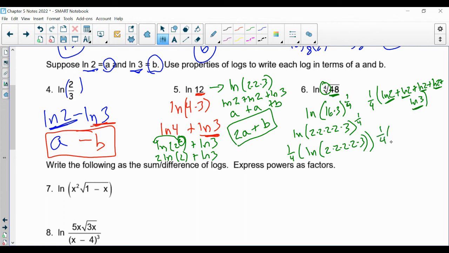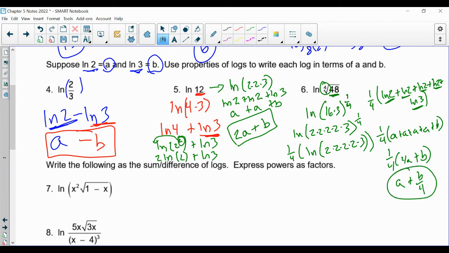So I got 1/4 times a plus a plus a plus a plus b, 4 a's plus b. And let's go ahead and multiply this out because I can already see some nice math here, right? That's just going to be a plus b over 4. And there's your answer.